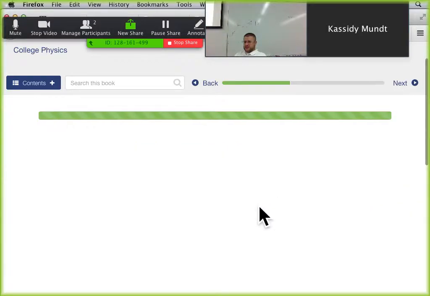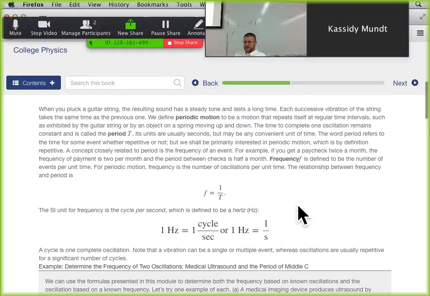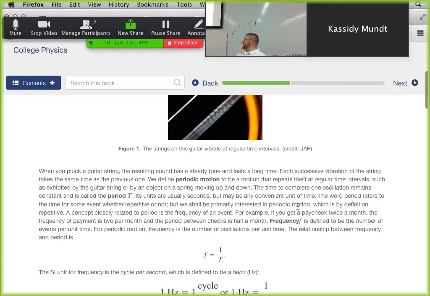So let's go to the next section, where we start talking about oscillations. Oscillations are going to have a repetitive cycle, and we're going to want to know some things about this repetitive cycle. The first thing is how often this repetitive cycle repeats itself every second, which we're going to call the frequency.